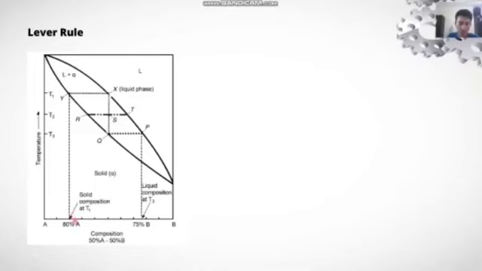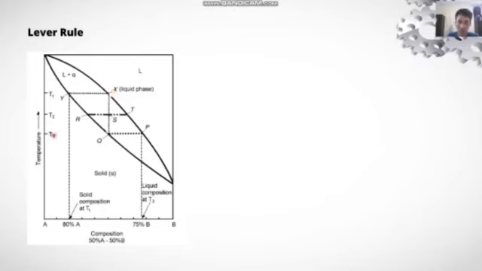Composition of the solid phase at temperature T1 is 80% metal A and 20% metal B. Composition of the liquid phase at temperature T1 at point X is the nominal alloy composition of 50% A and 50% B. Most of the alloy is liquid at T1, and so the liquid phase is nearly the nominal composition.